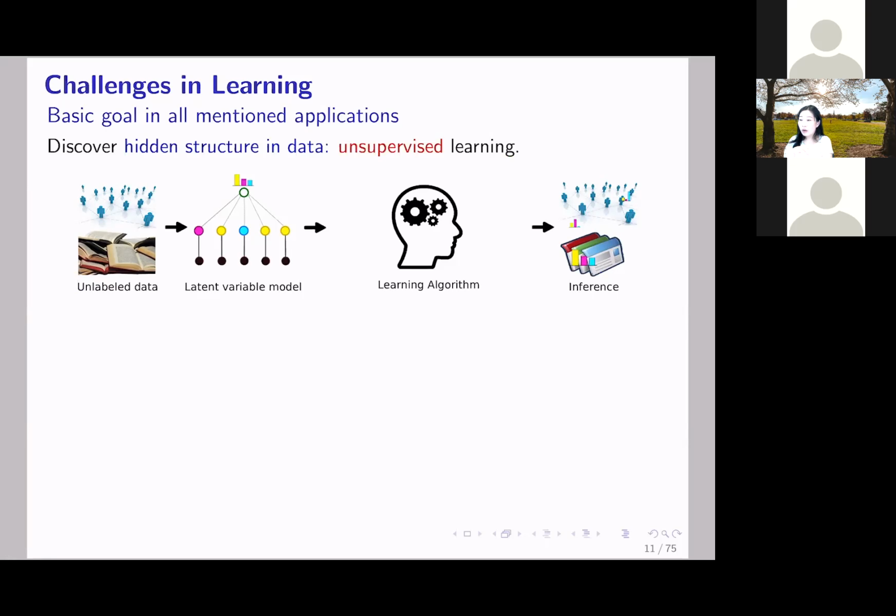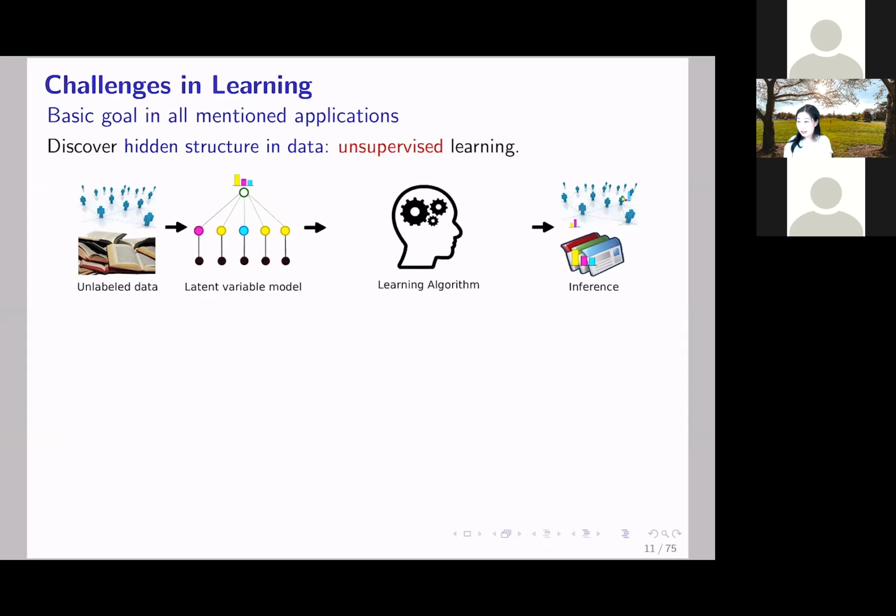It means that we know that there is some hidden structure in the data, and our model also models that hidden structure, right? For example, in text, you have topics that are hidden. In social networks, you have communities that are hidden. But discovering them is very difficult, and you don't have labels. So you can only discover them through unsupervised learning.